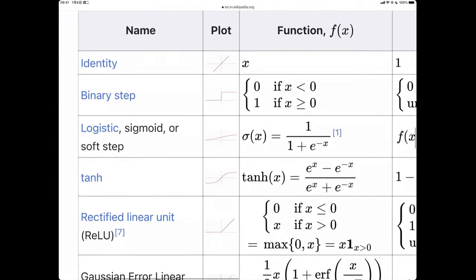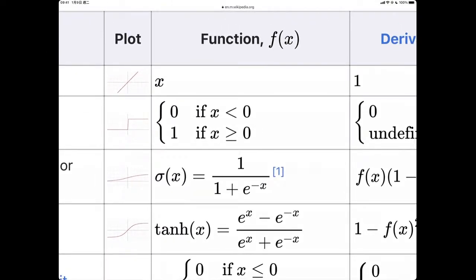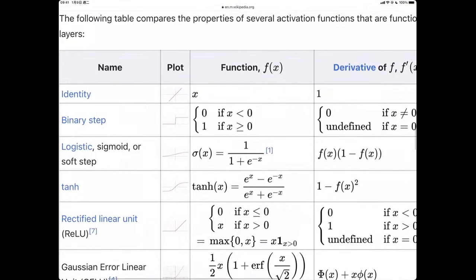Let's take a look at the third one. The third activation function is called logistic, or sigmoid, or soft step. The shape of this one looks like this. We have taught this specific function before when we talked about logistic regression, because the Z shape of logistic regression is exactly the same as this one.